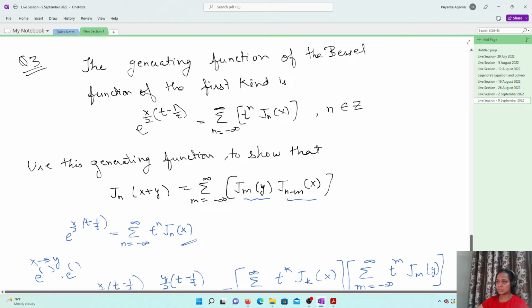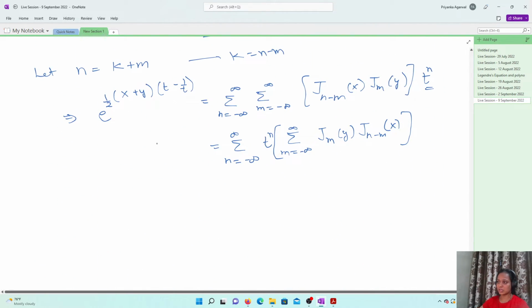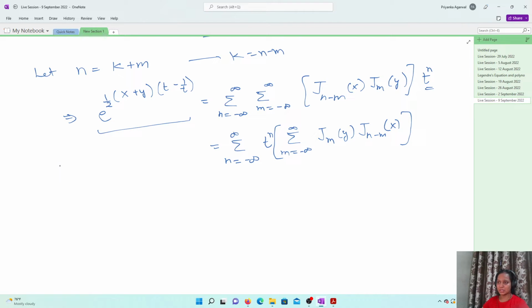Now just look at this sum, what it is. So we can write this as e to the power 1 by 2 into n into t.